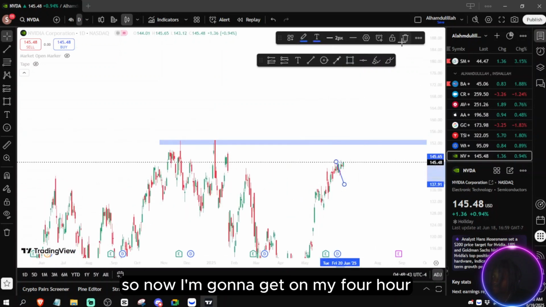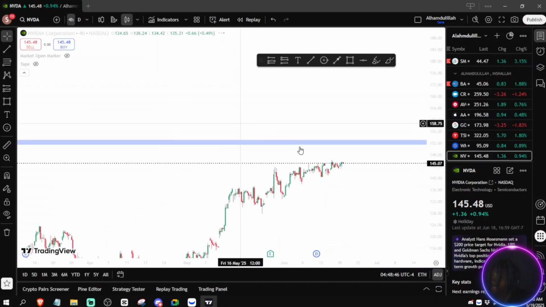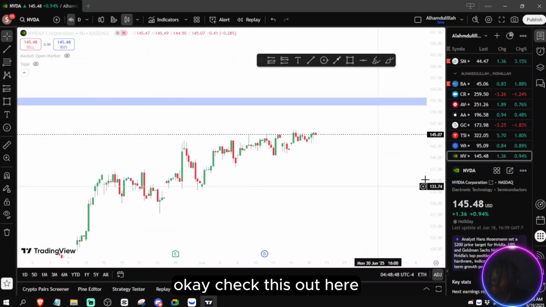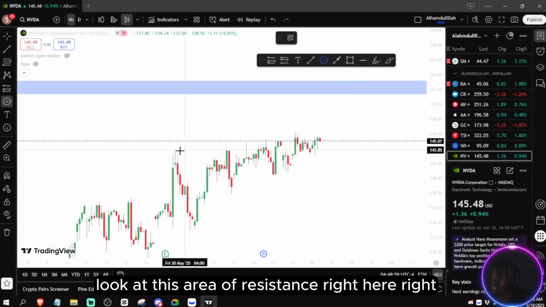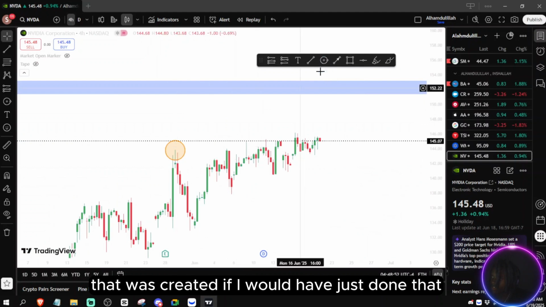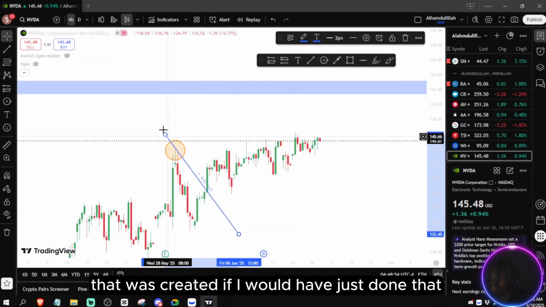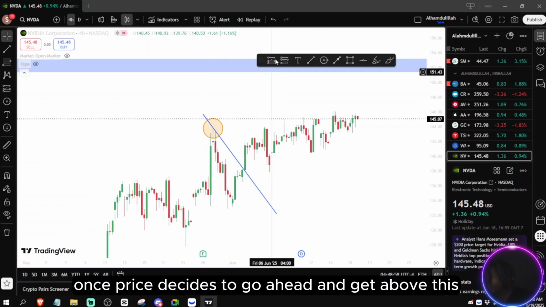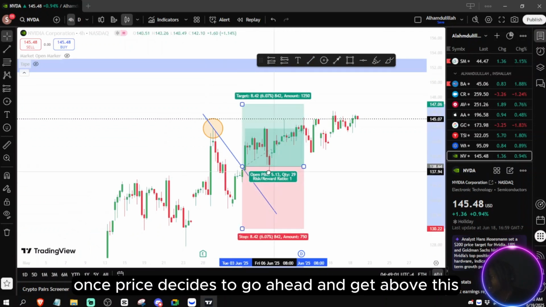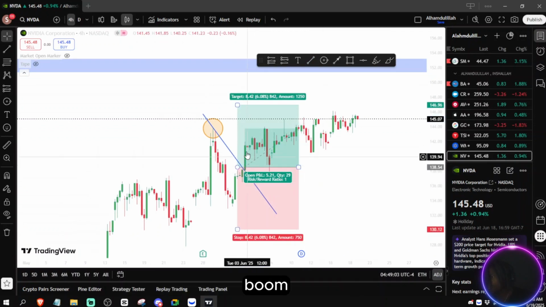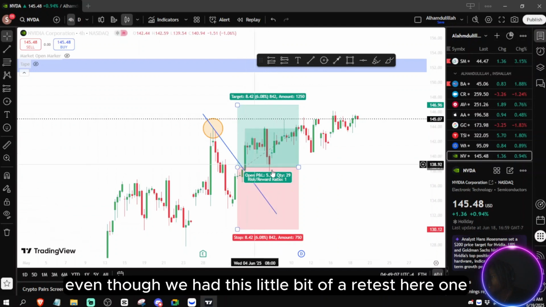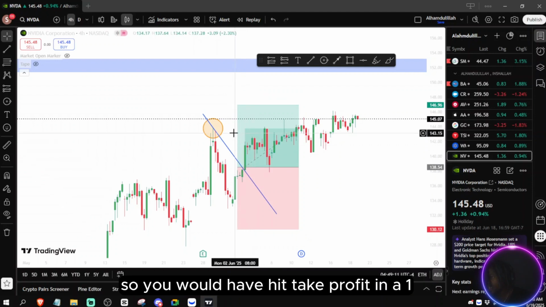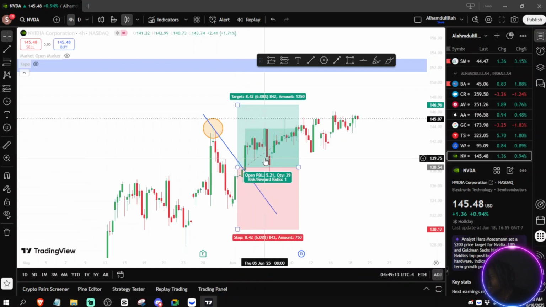Now I'm going to get on my 4-hour and see if there's any resistance. Check this out here. Look at this area of resistance right here. That was created. As you can see, once price got above this, boom, even though we had this little bit of retest here, you would have had take profit in 2 days.